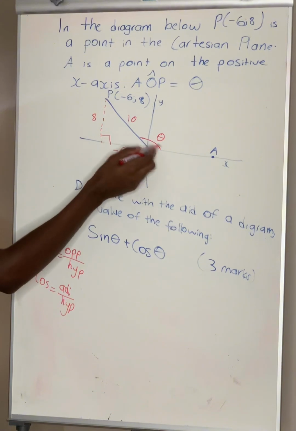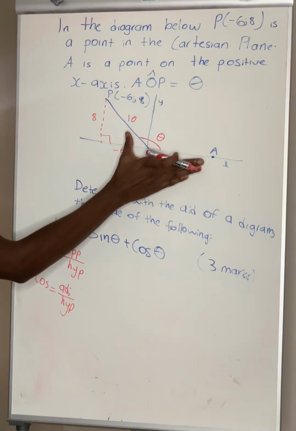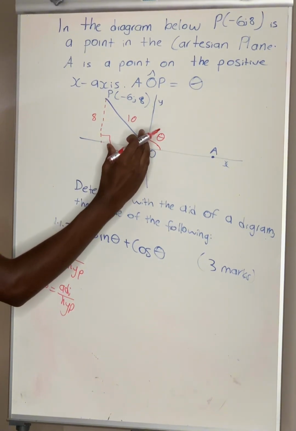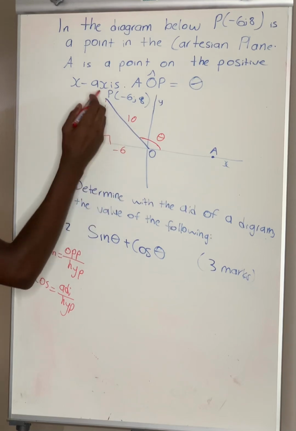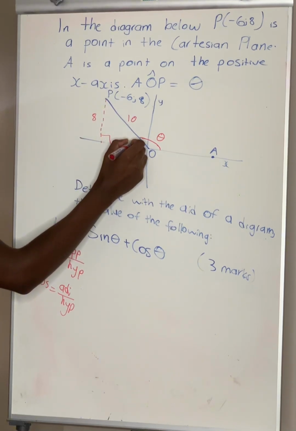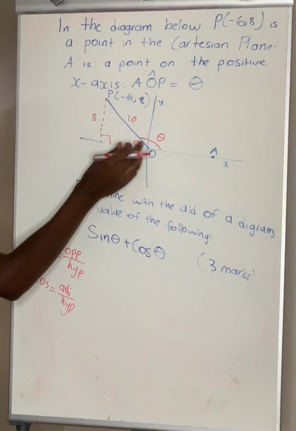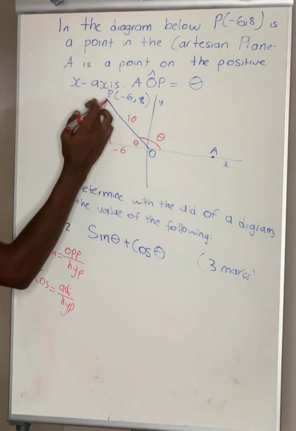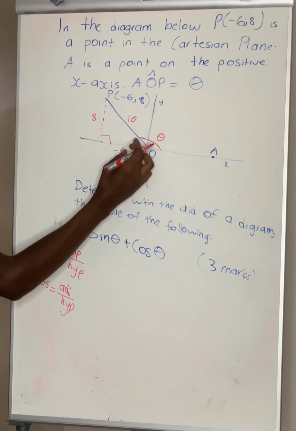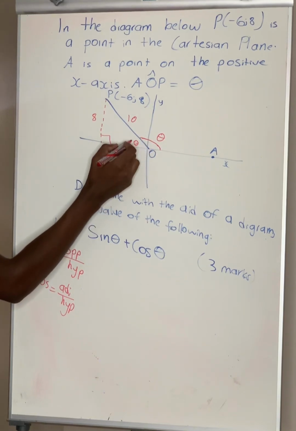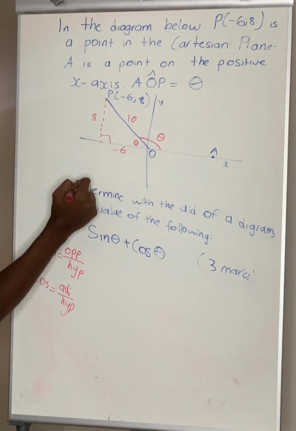So this is the 90 over here. Now this angle AOP is in its larger form. If you reduce it to a smaller angle, it should lie inside here. So this theta is supposed to be in here. When you reduce it, you can see that this is a larger form of this angle, but when it's reduced, it's actually inside of this triangle over here. So it's theta here.